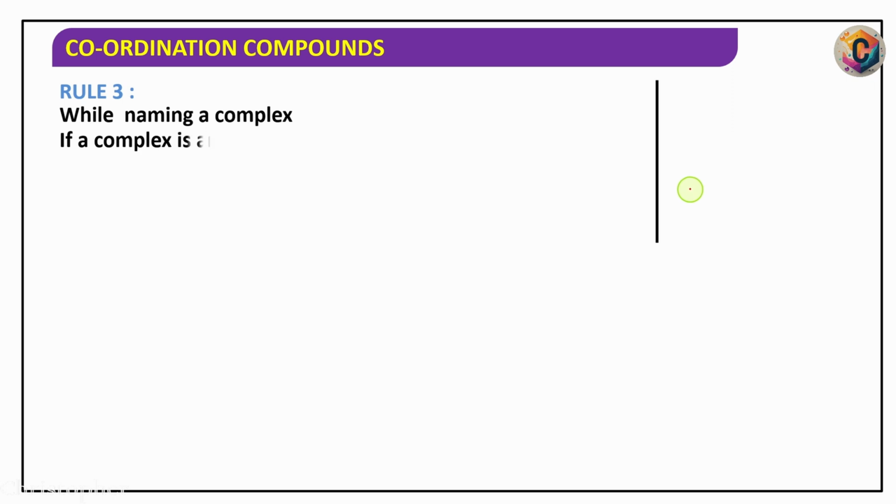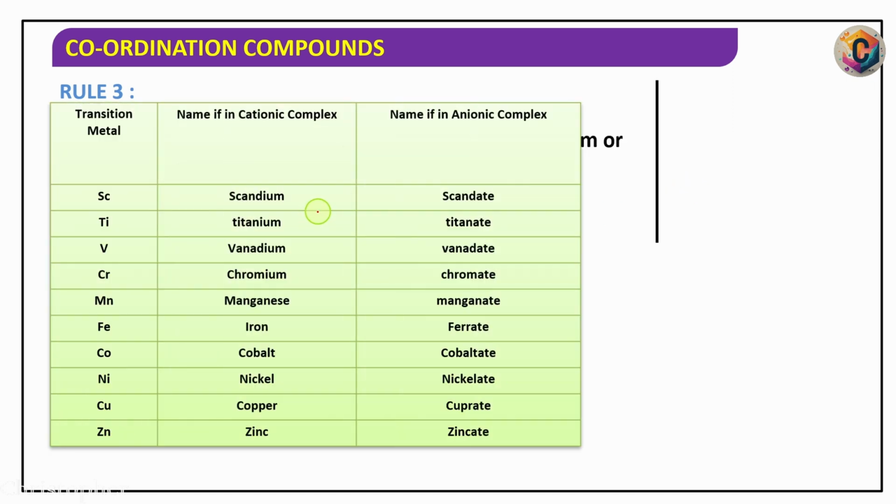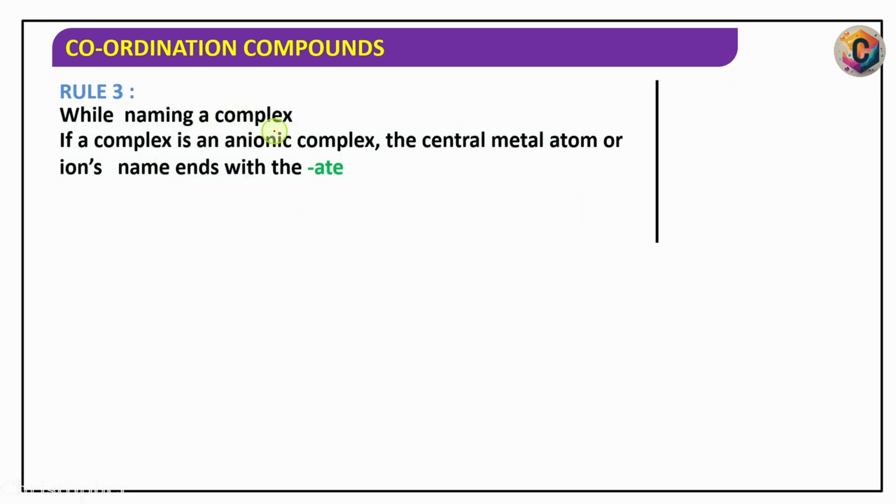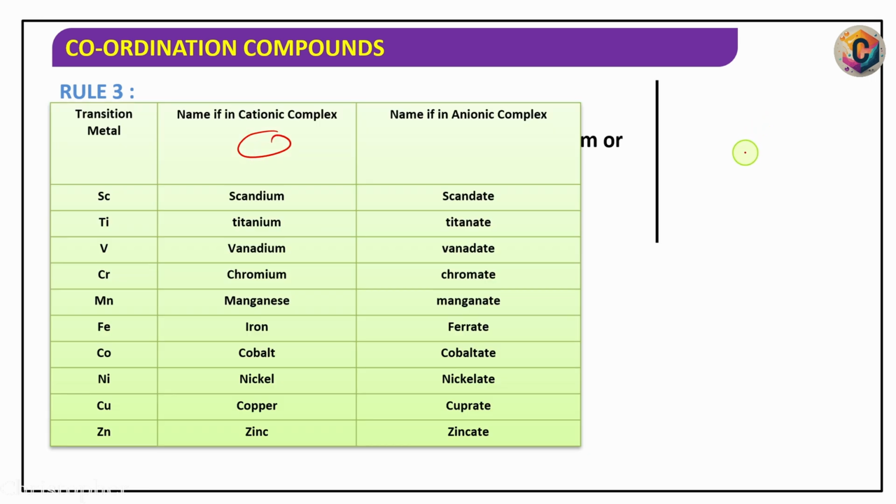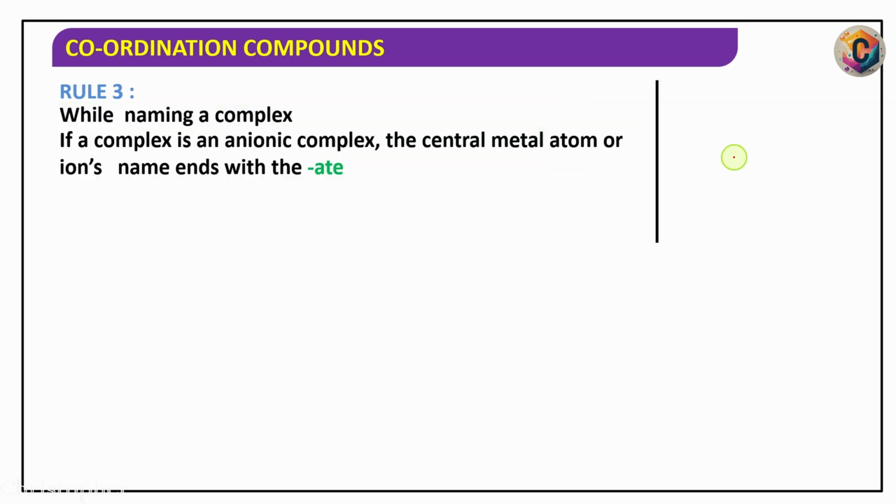Now let us see rule number three. When you name the complex, if the complex has any negative charge, we call it an anionic complex. Then the central metal atom or ion name should end with ATE.